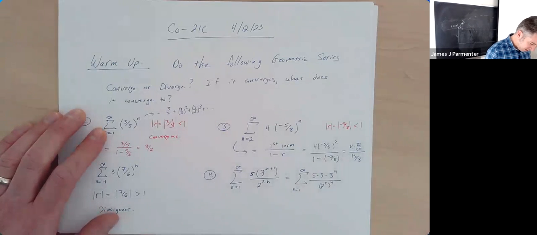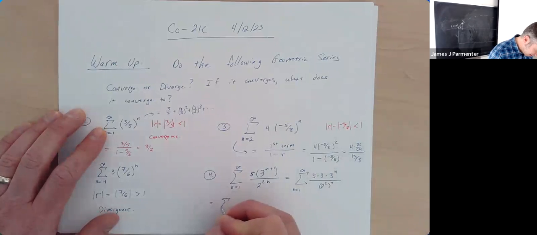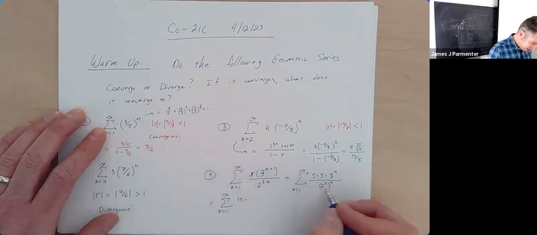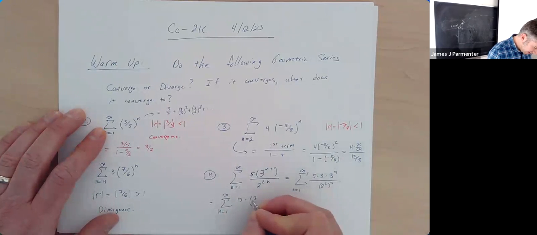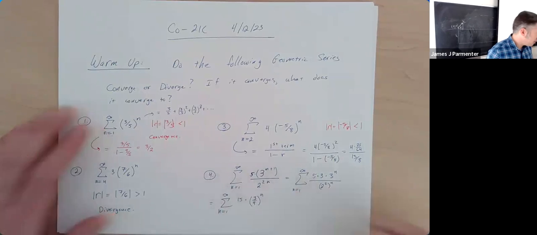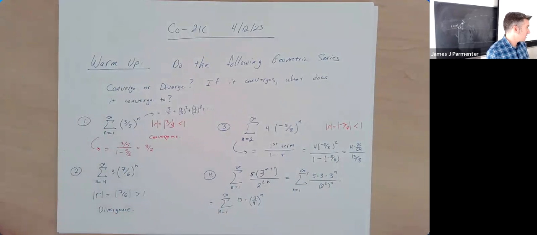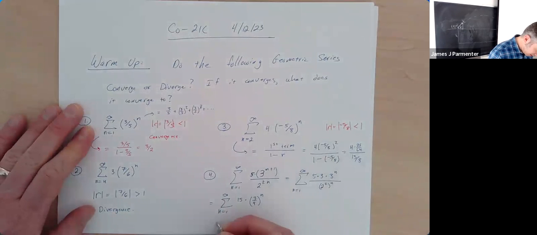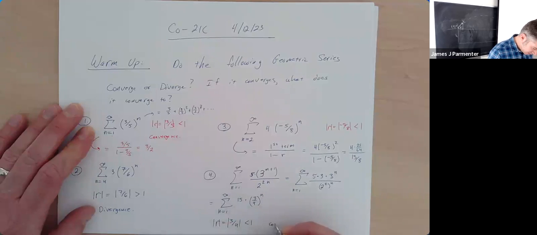If I do one more rewrite, I can think of this as the sum from n equals 1 to infinity of 15 times 3 to the n over 4 to the n, which is (3/4) to the n. And then I can see more easily that it's going to be convergent because my ratio is 3/4. That's definitely less than 1 in absolute value. So we get convergence.